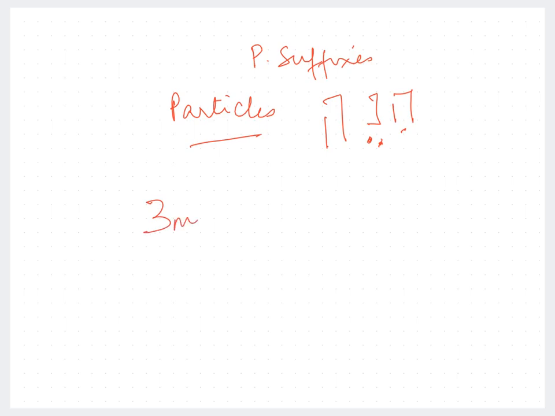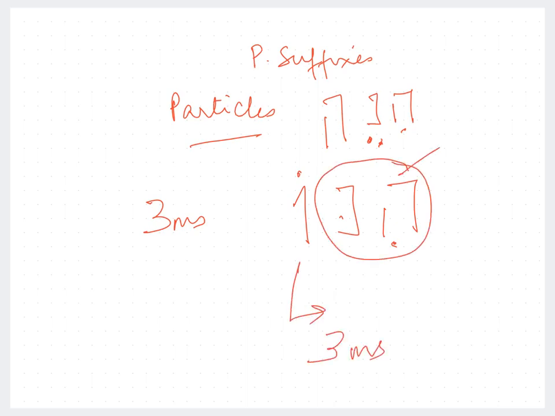So 3ms is hinno. This is the 3ms, and this is the first root, second root, the third root is gone, and you have to safely assume in Hebrew that whenever a third root is missing, you could be dealing with a he.